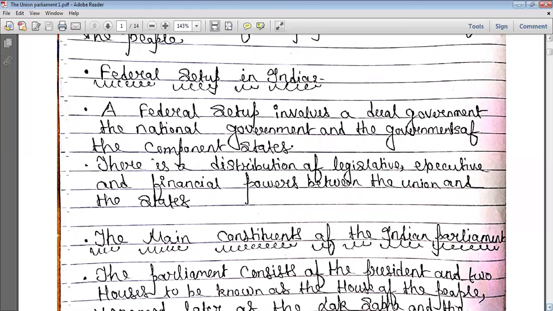The legislative, executive, and financial powers are distributed between the union and the states. That means in a federal setup, the two governments work in close collaboration with each other, and the power gets distributed so that our country can run properly.